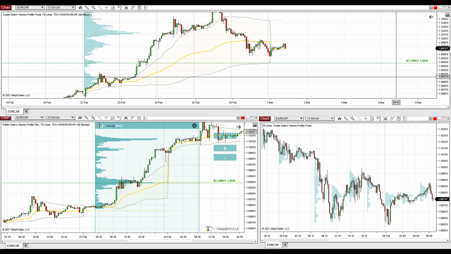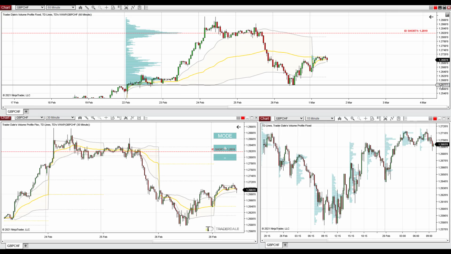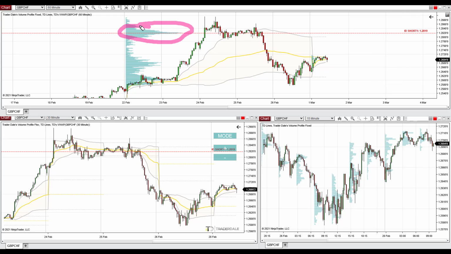And let's now go into the next trading idea. This one will be on the British pound Swiss franc. So this is the British pound Swiss franc. And what I wanted to show you in here is a setup which I call the volume accumulation setup. This setup is based on those massive volumes which got created in this rotation right before the start of this strong downtrend.